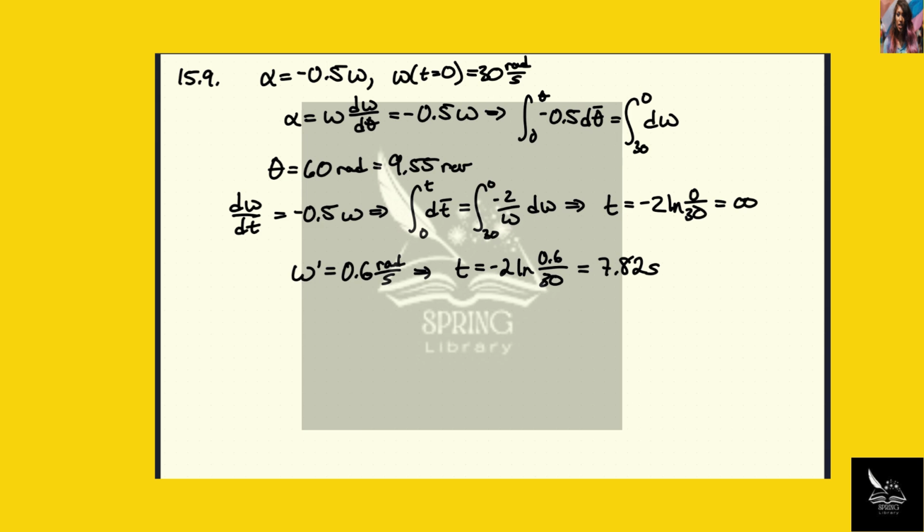So what this tells us is that it takes an infinite amount of time for the shaft to come to rest, although it has a finite number of revolutions, which is interesting, right? It has a finite number of revolutions, but an infinite amount of time.